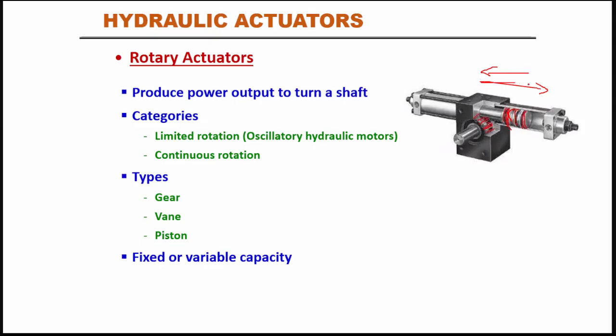When you are moving this forward and backward, this shaft will rotate according to that movement. Then it produces power output to a turning shaft.